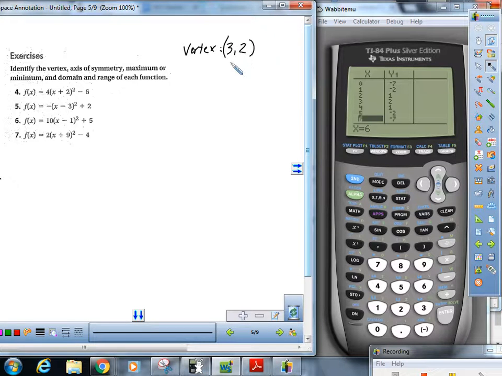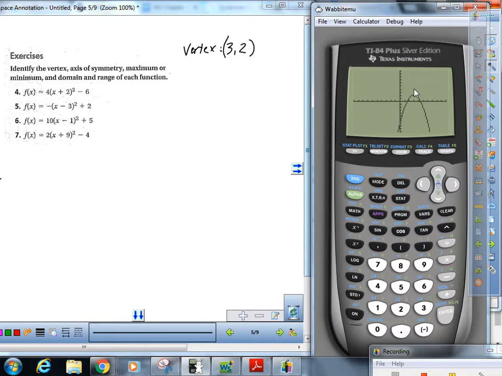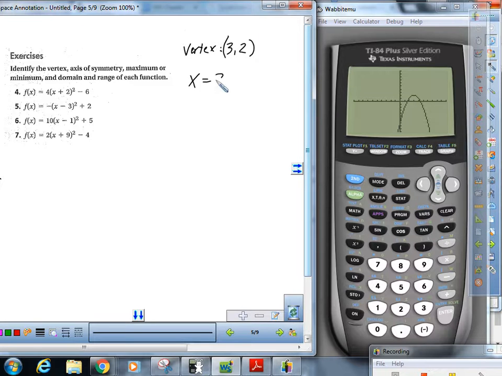Remember that the axis of symmetry is that line that divides it in half. It's always x equals, because it's a vertical line, and it's always x equal to the x coordinate from the vertex. This is our axis of symmetry. We have a maximum at 3, 2.